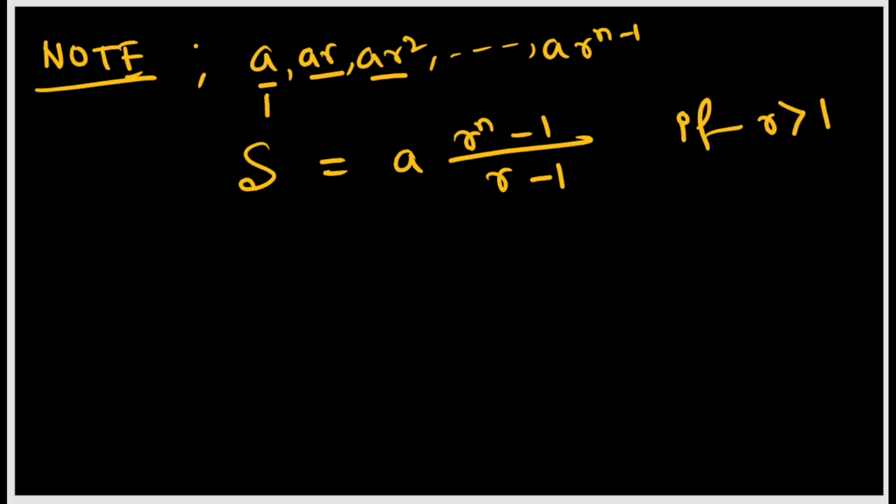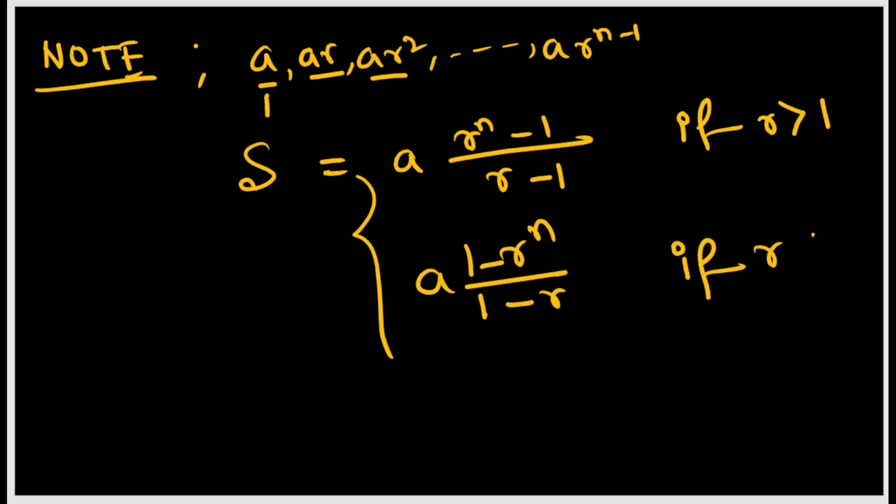If r is less than 1, it is a times (1 minus r to the power n) over (1 minus r). So depending on r, the GP series sum is divided into two cases.